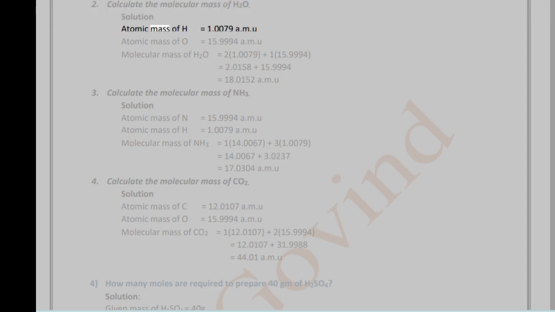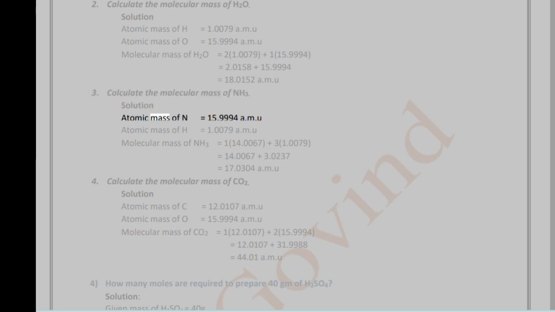2. Calculate the molecular mass of H2O. Solution: atomic mass of H equals 1.0079 a.m.u. Atomic mass of O equals 15.9994 a.m.u. Molecular mass of H2O equals 2 × 1.0079 + 1 × 15.9994 equals 2.0158 + 15.9994 equals 18.0152 a.m.u. 3. Calculate the molecular mass of NH3.